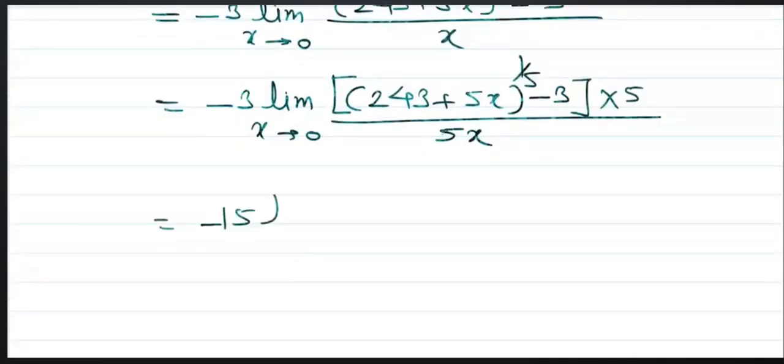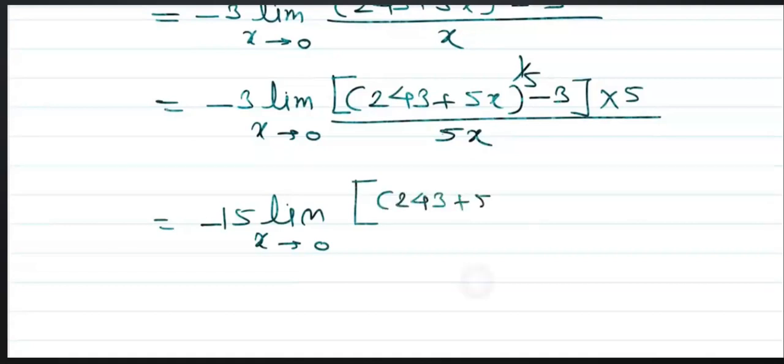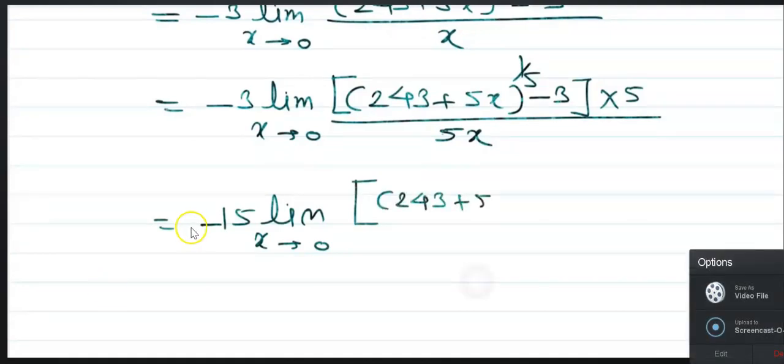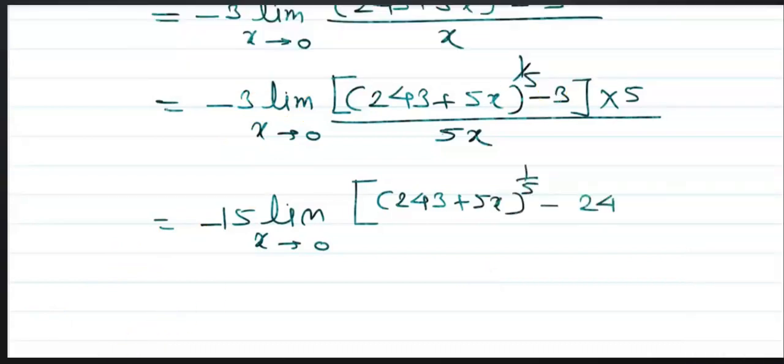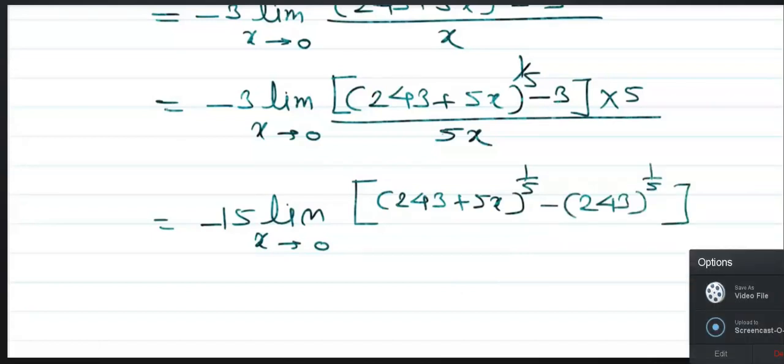Multiply numerator and denominator by 5. If you multiply, minus 3 into 5 is minus 15. Limit x tends to 0 of (243 plus 5x) raised to 1 upon 5 minus 243 raised to 1 upon 5.